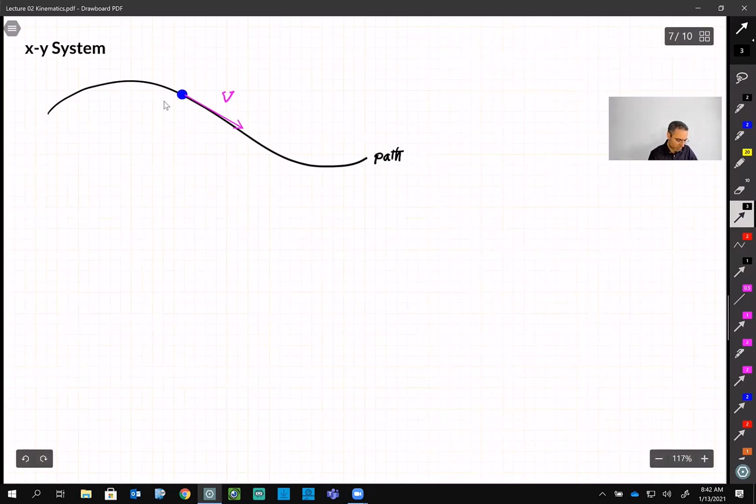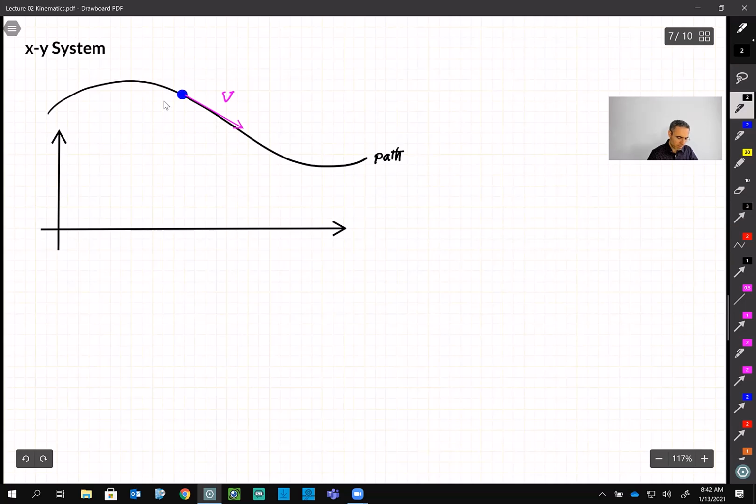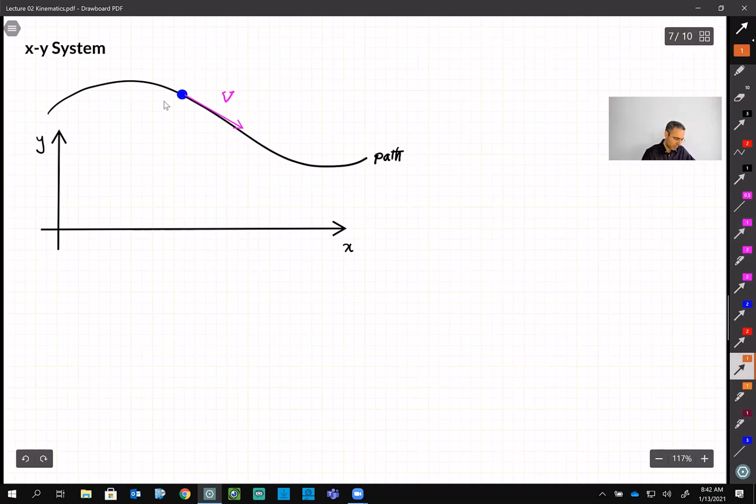I can select an origin and say, this is my X axis and this is my Y axis. So this is X and this is Y. Then if I connect the origin to that particle, we call this R, the position, which is a vector.